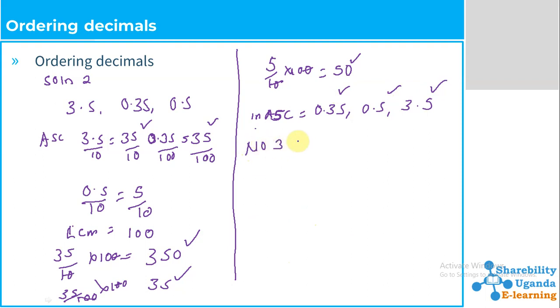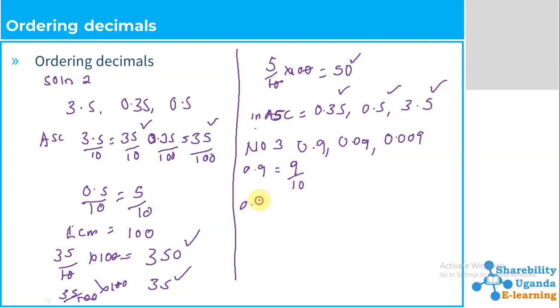Our number 3, we have 0.9. Then we also have 0.09. Then we also have 0.009. Which one is bigger than the other? Okay, so 0.9 is the same as 9 out of 10.